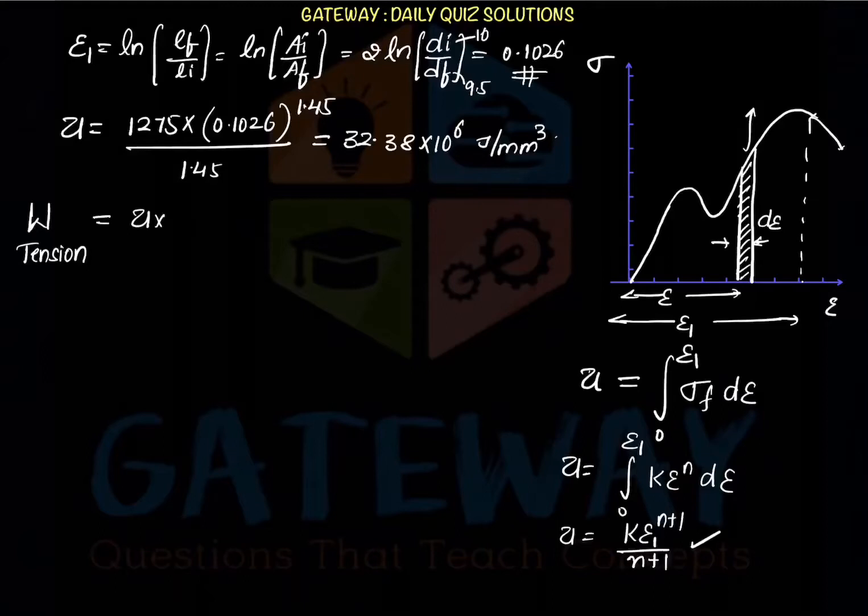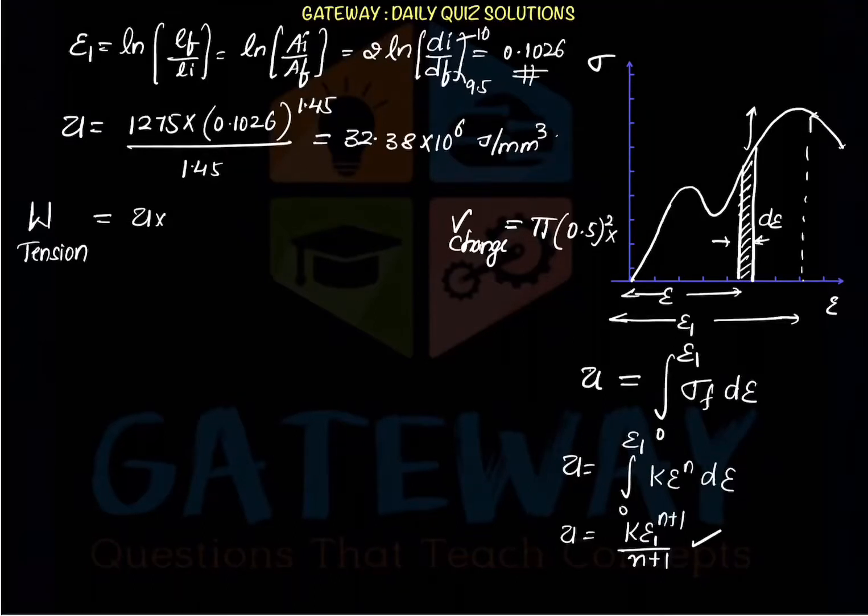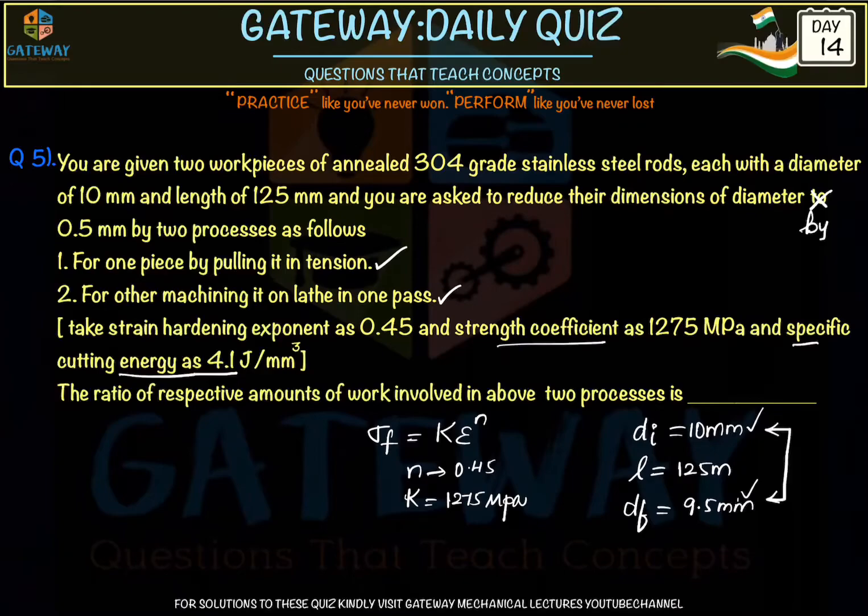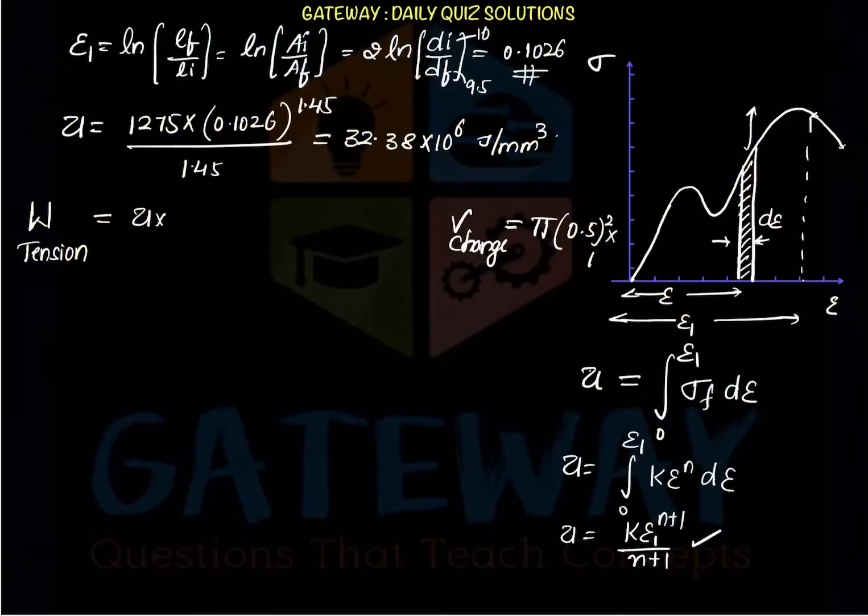What is the radius change? The radius change is 10 mm minus 9.5, nothing but 0.5 mm. So the volume change will be pi into 0.5 whole square into the length given in the question as 125 mm, right?